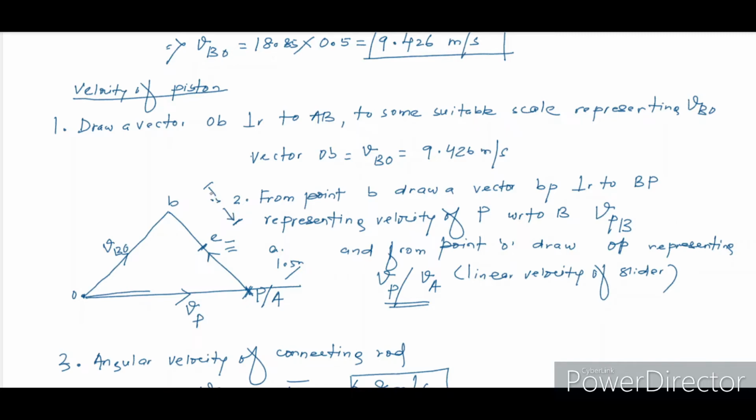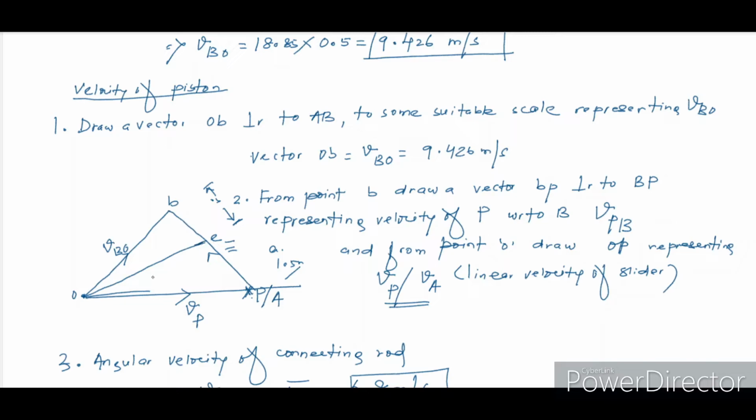So if you have chosen a scale accordingly, suppose from P to E will be 1.5 centimeter, from E to B will be 0.5 centimeter. Let's say I'm telling. Okay, so you can easily locate this point E. Now you join O to E. Okay, so let me redraw it again.